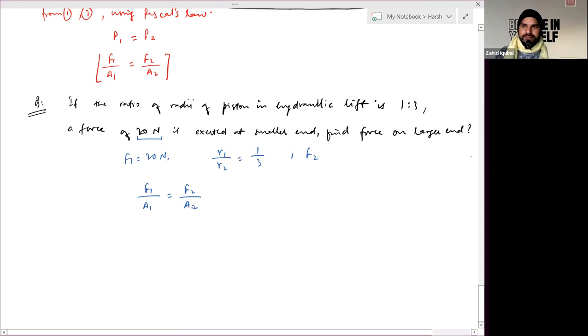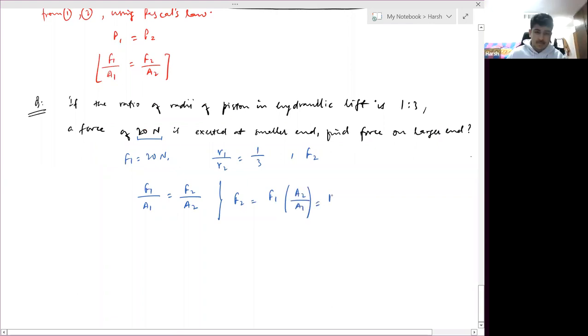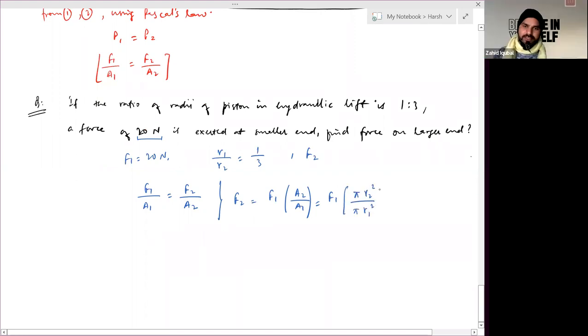So F2 equals F1 multiplied by A2 divided by A1. Further, area is pi r square divided by pi r square. So pi and pi cancel out.